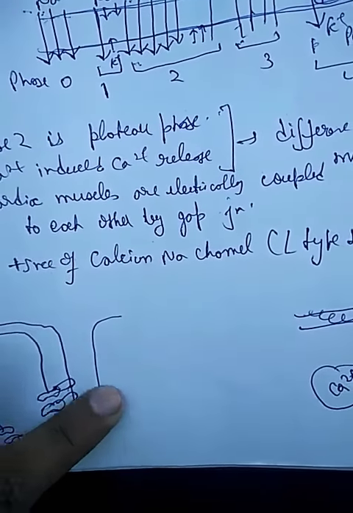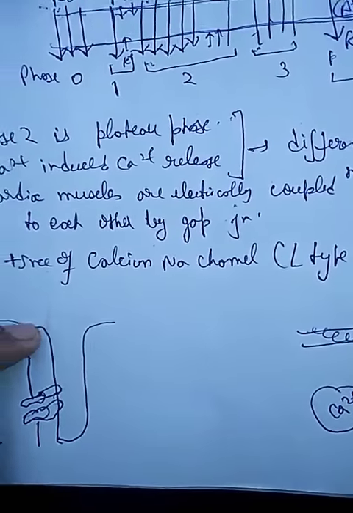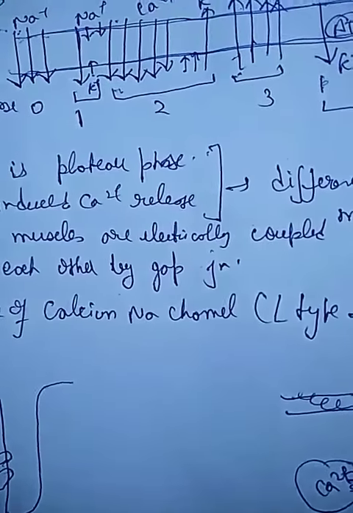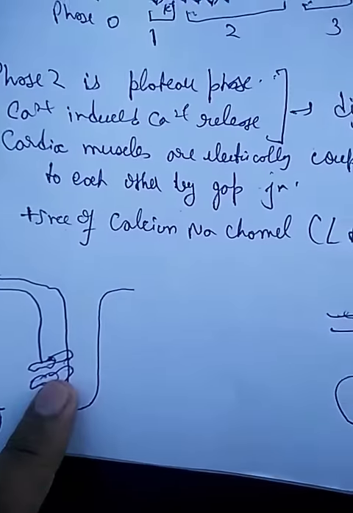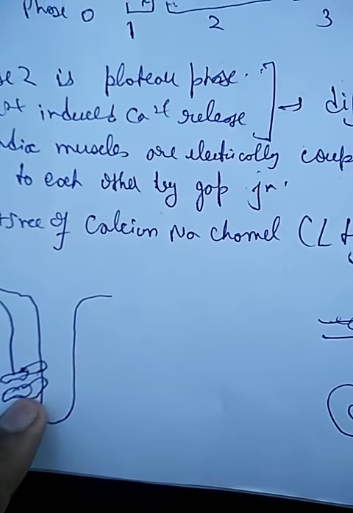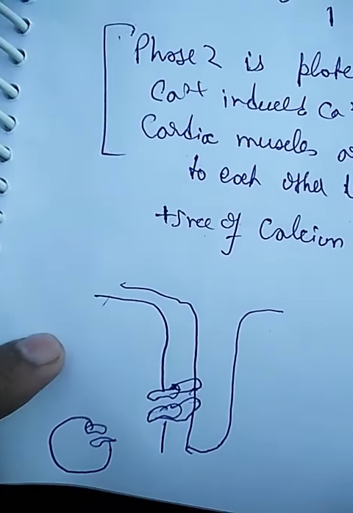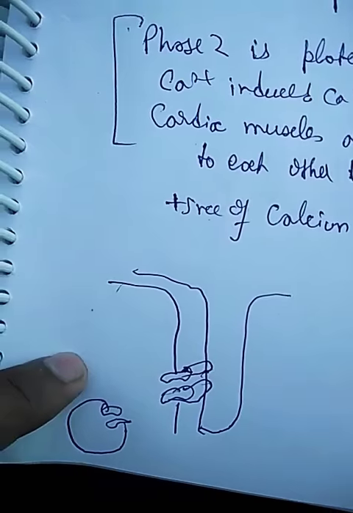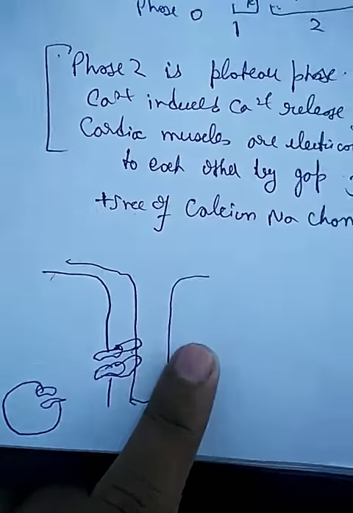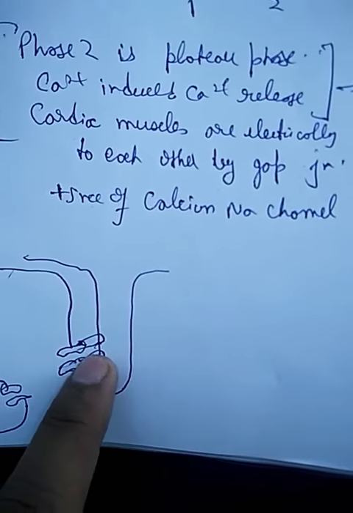T tubule is the invagination of the sarcolemma. So whenever the impulse comes, these channels get activated, and these T tubule channels bring in calcium from the extracellular fluid. This is extracellular, this is intracellular. Obviously this is sarcolemma, so this is intracellular only. So see, the calcium ions from this channel go inside.